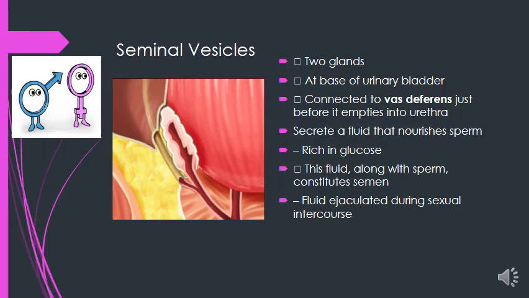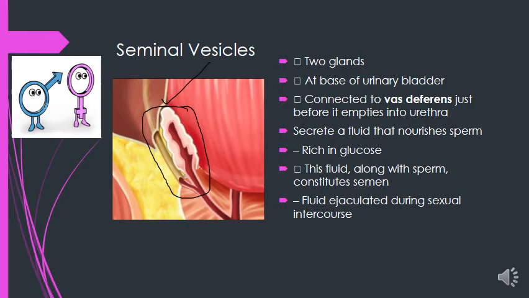Okay, so here we can see in the diagram that this is the seminal vesicle. What is its function? It secretes a fluid that nourishes the sperm. The fluid is viscous in nature. What is the role of this fluid? This fluid is very important for the transportation of sperm.